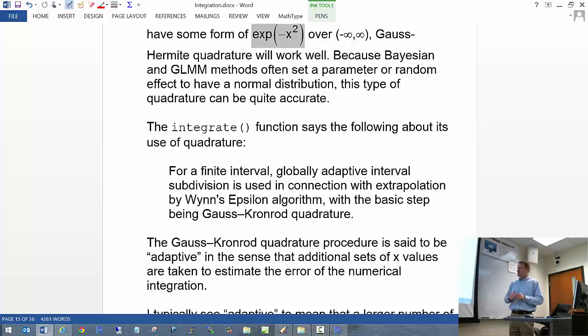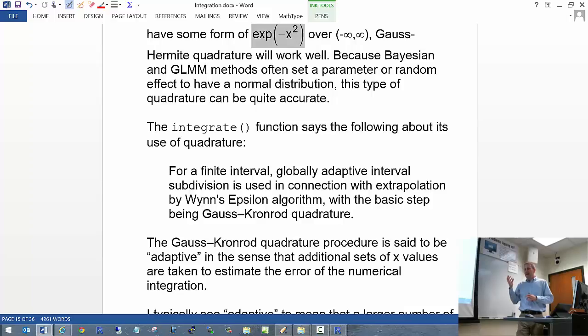And then when preparing these lecture notes, of course, I wanted to look into the details. I don't see this Gauss-Kronrod quadrature discussed as much, but my understanding of it is that it's adaptive in a way.